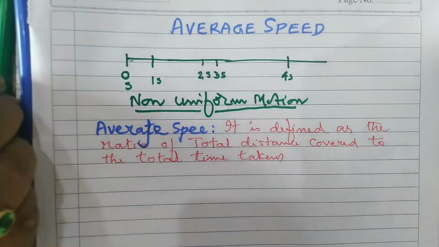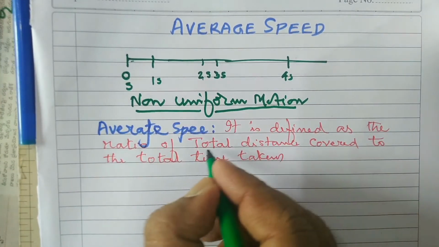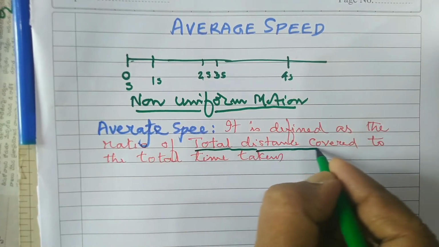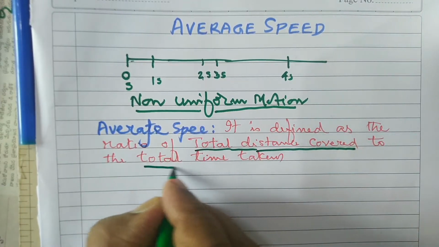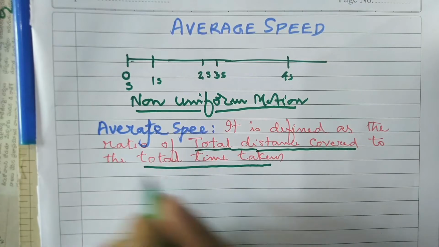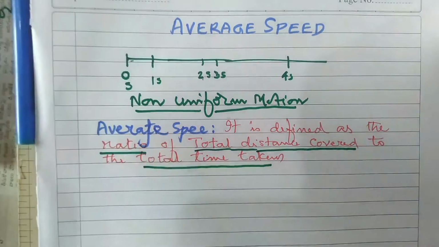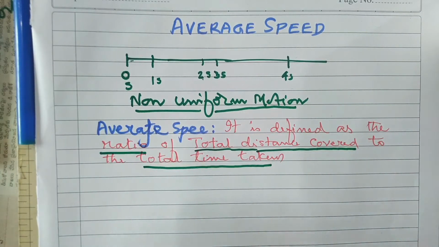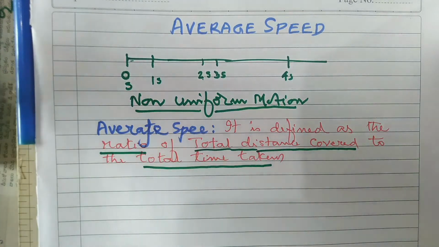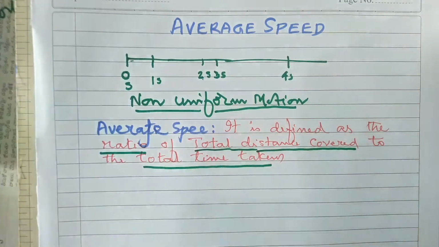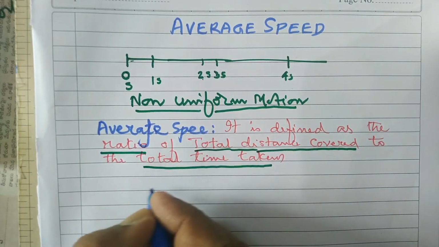Observe carefully here, the keywords are total distance covered and total time taken. It is a ratio. Ratio means, you know very well, one will come in the numerator and the other in the denominator. I'll give you the formula for average speed.